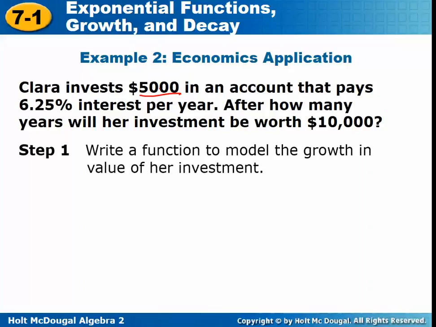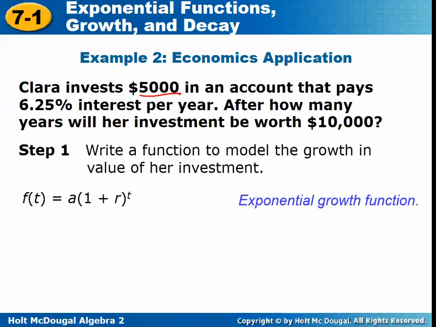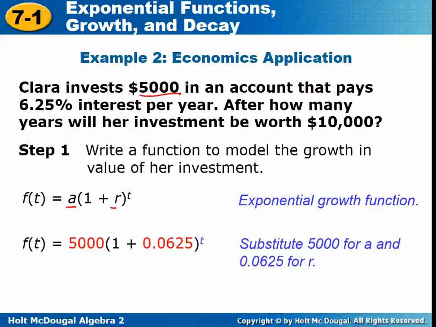So first thing is to write the model, the function, by replacing the a and the r, and sometimes you can replace the t, but usually the t will stay there because the question is saying after how many years. We're looking for t. So we'll replace the a with the initial value, and the initial value is 5,000.